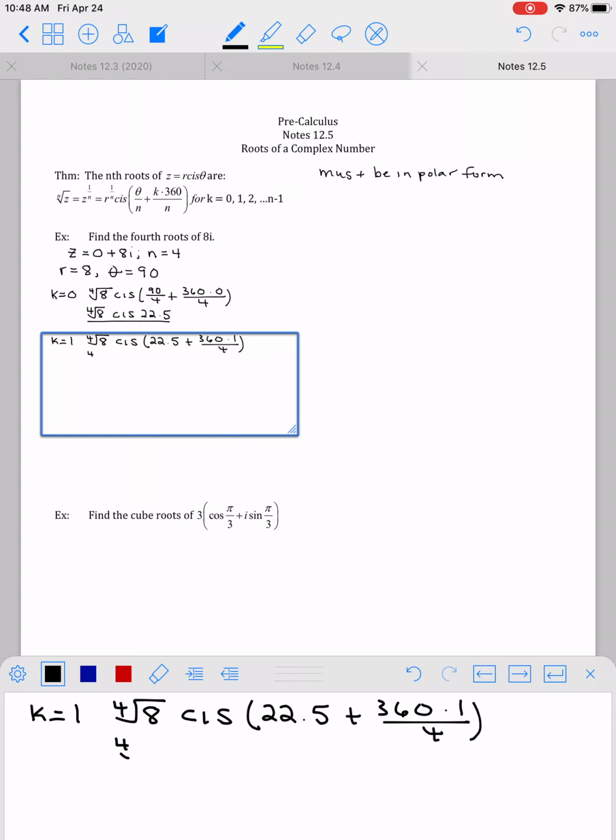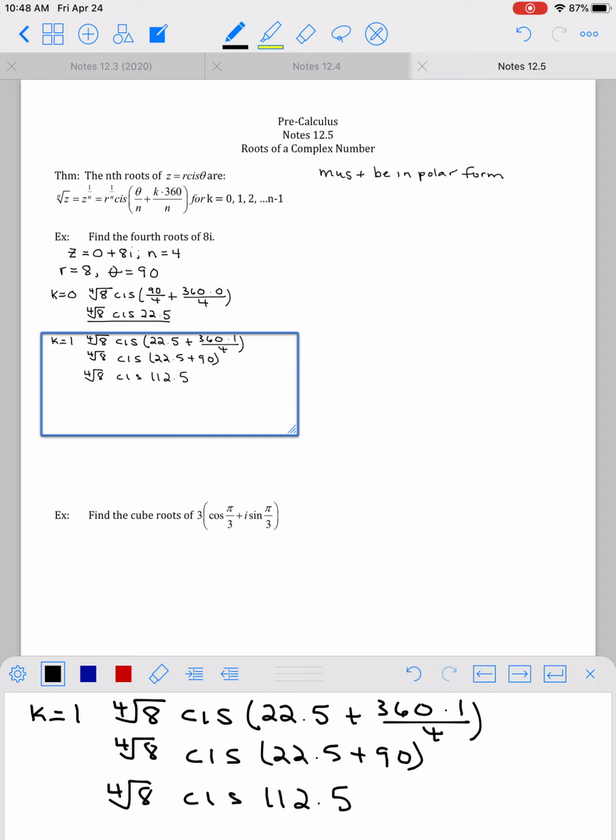Then we clean it up. Fourth root of 8 stays, cis, 22.5 plus 90. And then we get fourth root of 8, cis, 112.5. And that's the second one.